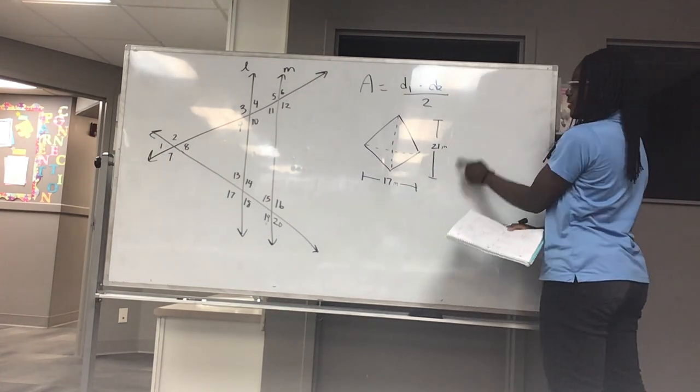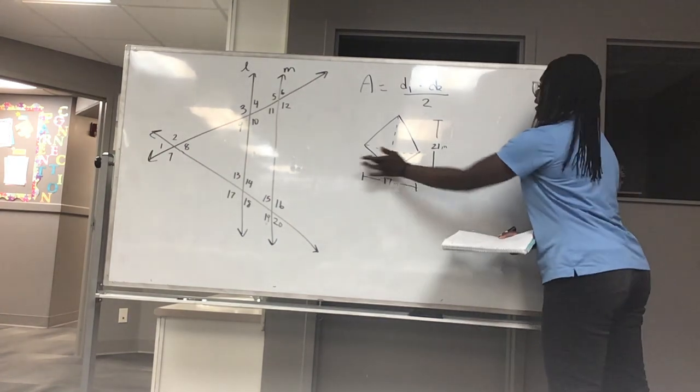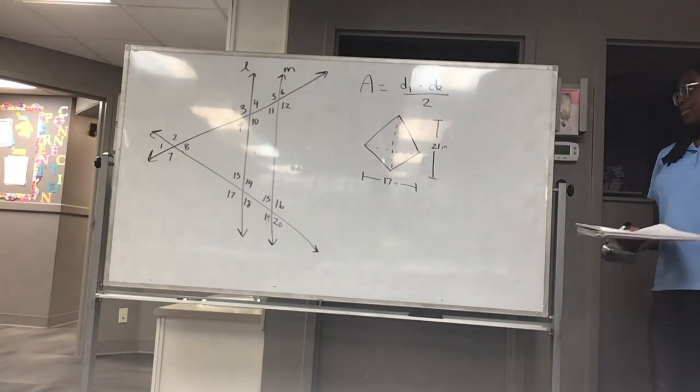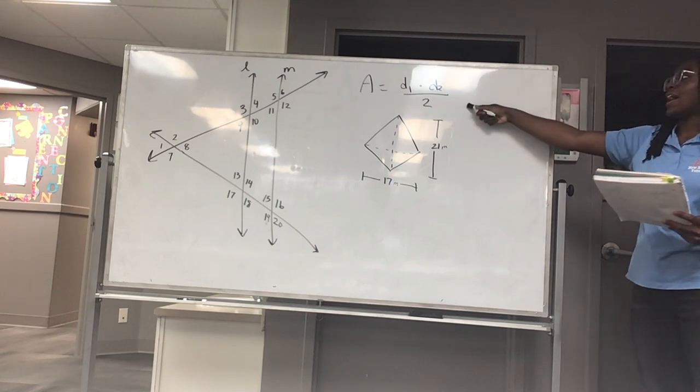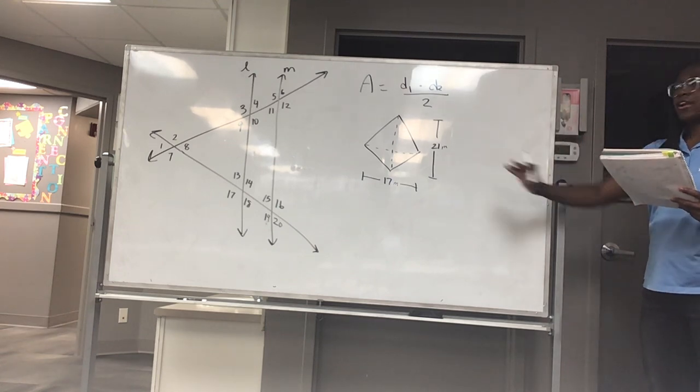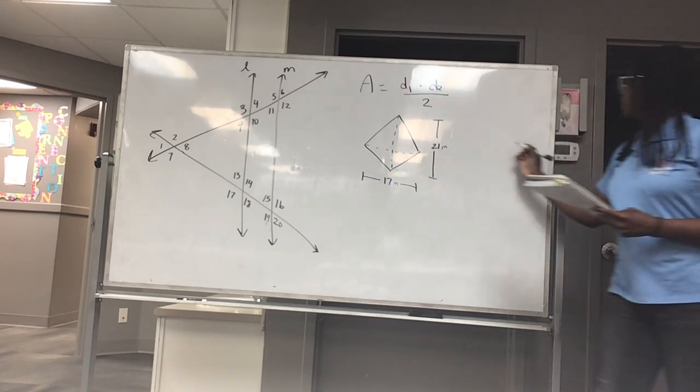I know that one diagonal is 21 meters, and then the other one is 17 meters. So plugging into that area equation, can you guys find the area of this quadrilateral?